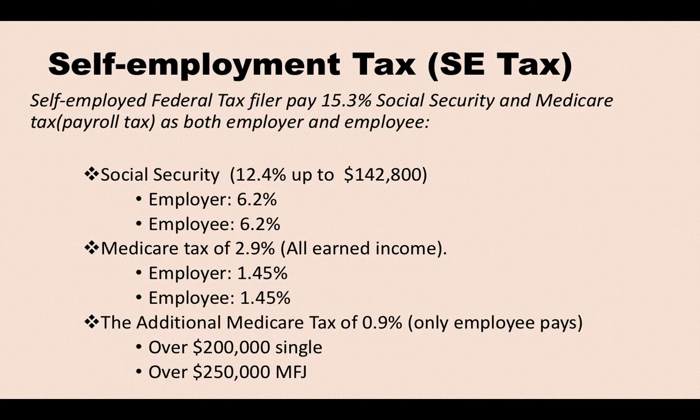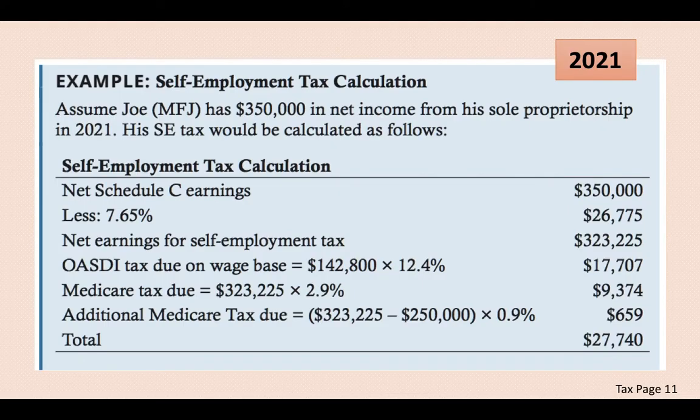So let's do an example. This is a self-employment tax short calculation. This is Joe. He's married filing jointly. However, this filing status does not affect self-employment tax; it's only for income tax, right?